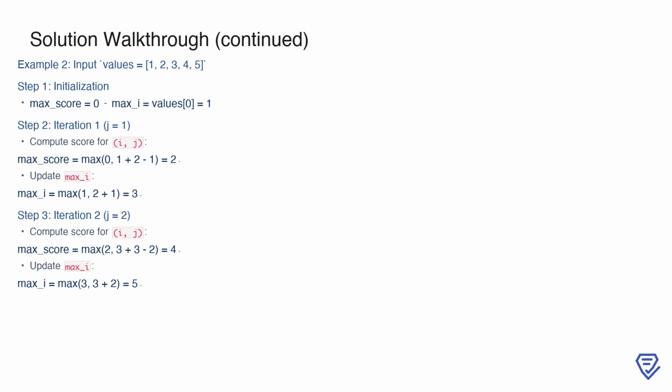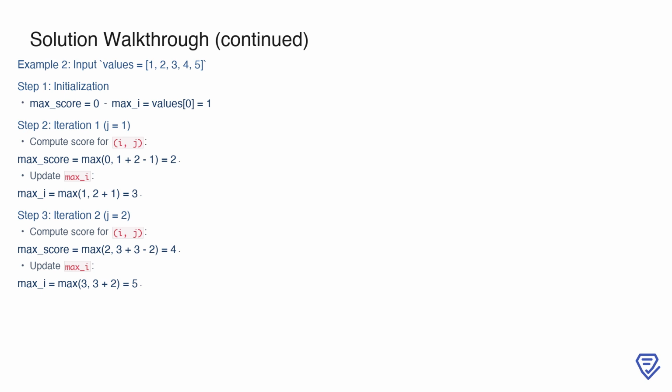In this second example, we are working with the input values equals [1, 2, 3, 4, 5]. Again, we initialize max_score to 0 and max_i to the first value, which is 1. For the first iteration, where j equals 1, we calculate the score for the pair (i, j). Using the formula, we get max_score = max(0, 1 + 2 - 1), which evaluates to 2.